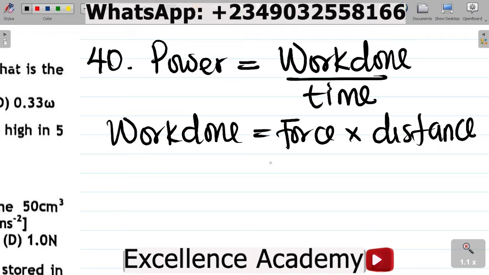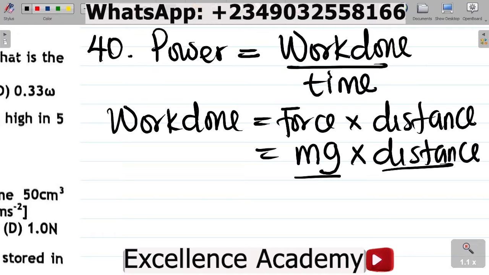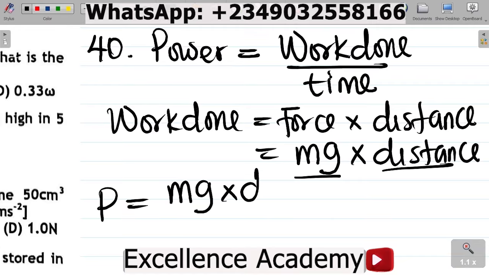Again, force is equal to mass times acceleration due to gravity. So work done is simply mass times gravity, which is force, times distance. And if you put this in context, it means that power, P, is equal to mass times gravity times distance, because all of this represents work done, all over time.